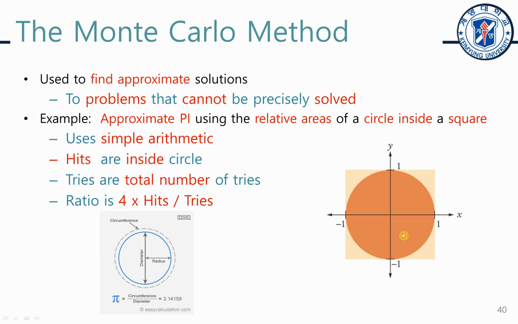So if you throw a dart and it enters here, it's a hit. A hit is inside the circle, and a miss is outside the circle.